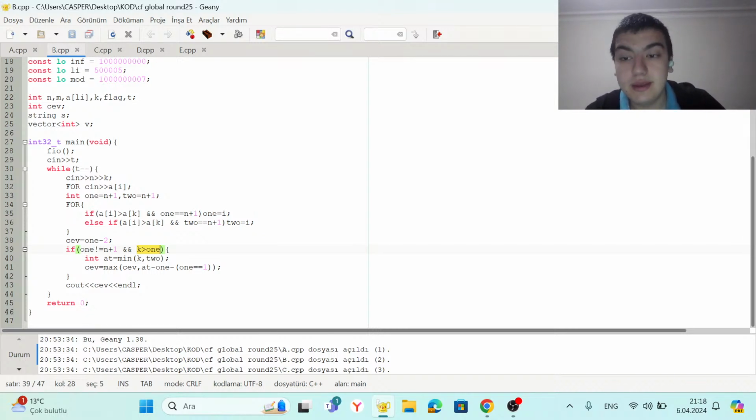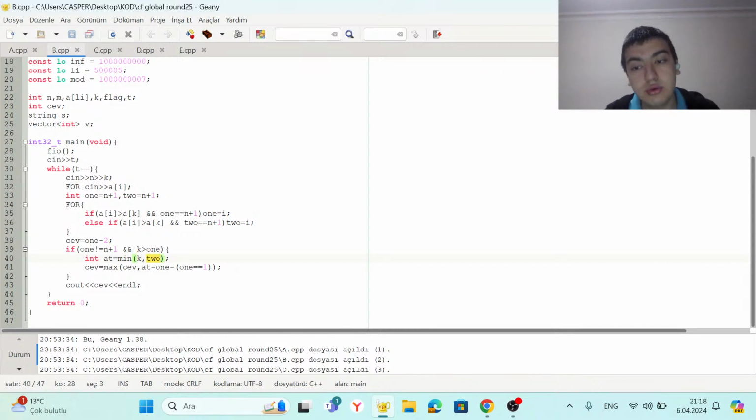And if there is a cow that is greater than us in the array, I'm saying this variable equals the minimum of k and l2, because what we said before, the cow in the k position will be greater than us because we swapped the l1 and k positions' cows.